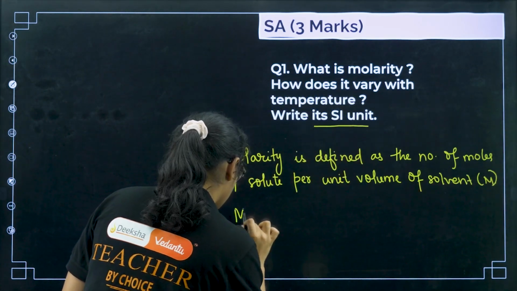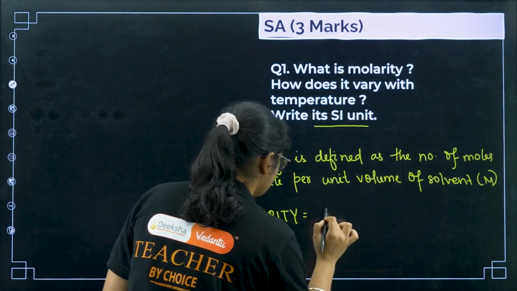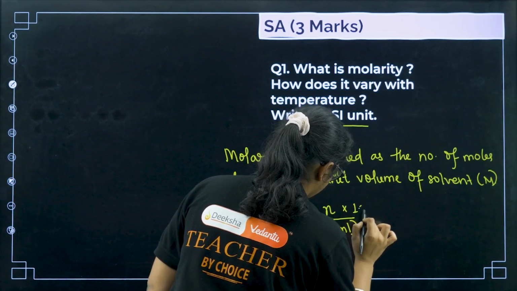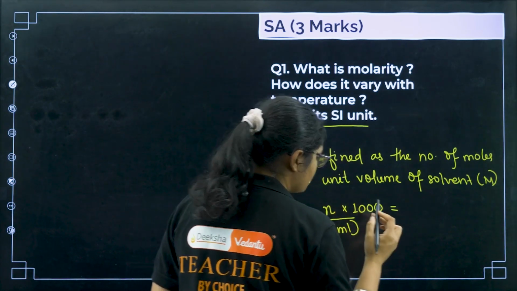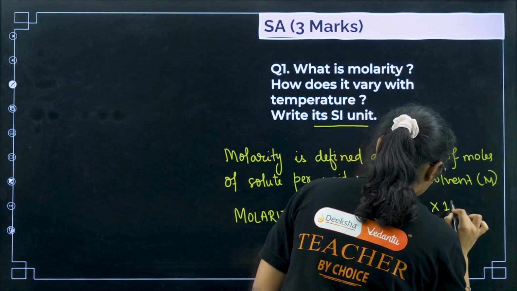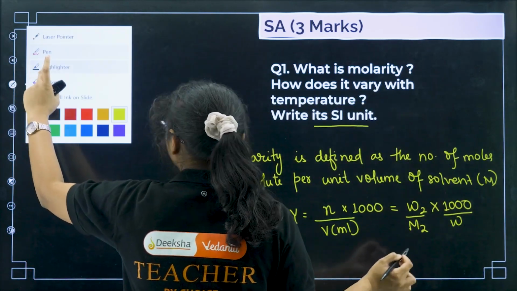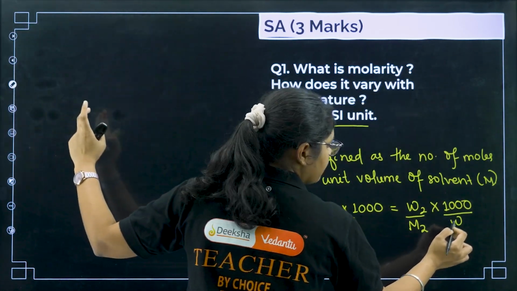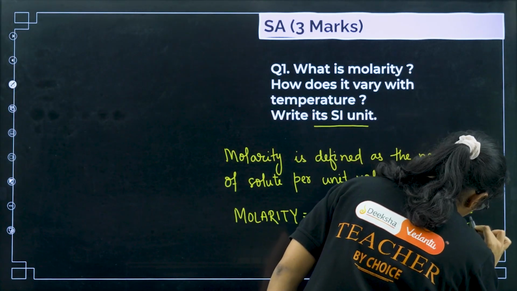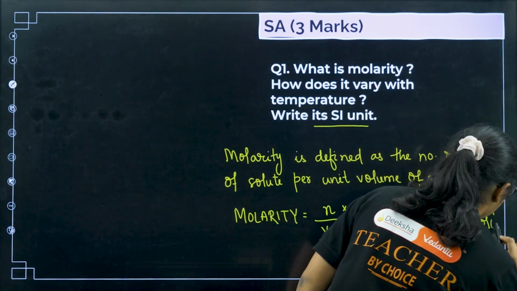Now if I want to write molarity, molarity is equal to number of moles by volume in ml into 1000. Number of moles will be given mass by molar mass, into 1000 by volume of the solution, and this volume should be in ml.